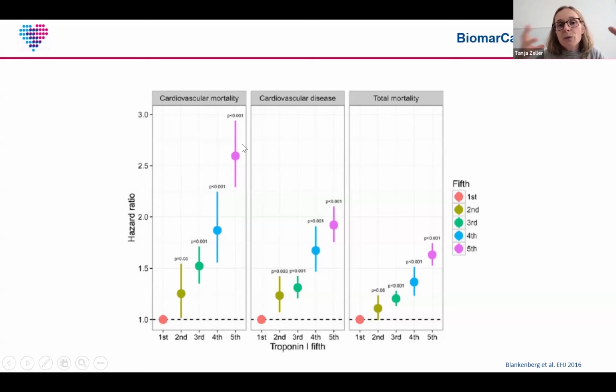And that was now possible within the BiomarCaRE project, because as you can see here, we measured troponin in these 300,000 subjects, and you can see in the quintiles that the hazard ratio to get cardiovascular mortality or cardiovascular disease increases the higher the troponin values are.